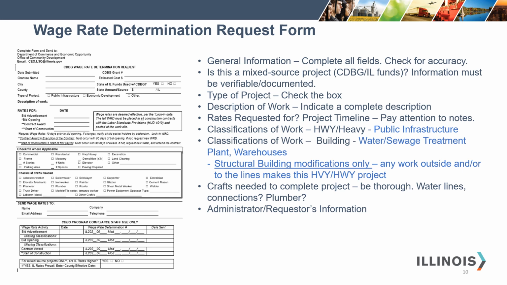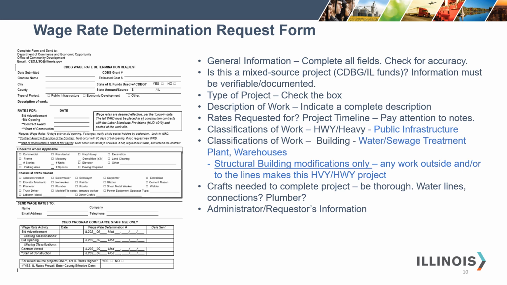And what rates are you requesting for? Which activity? Is this bid advertisement, bid opening, contract award, or start of construction? Please also pay attention to the notes that are indicated on this form. Please check the applicable type of classification of work for the project.